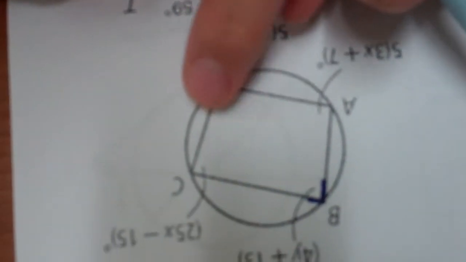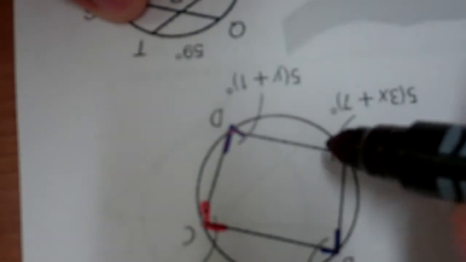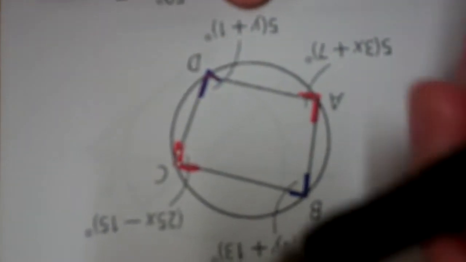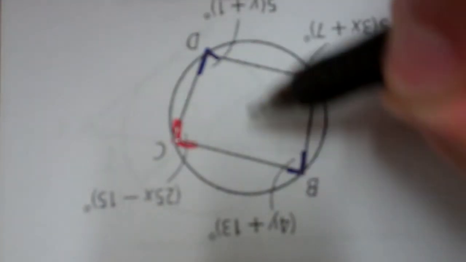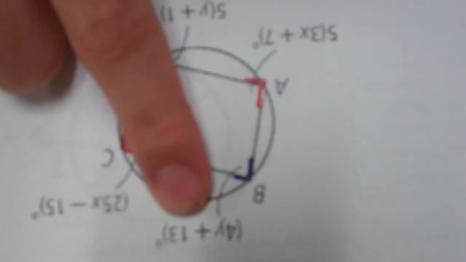That means that they add to equal 180 degrees. So therefore these two are supplementary. So what that means is I have to add these two to equal 180 and add these two to equal 180. So I'm going to start off with this one.